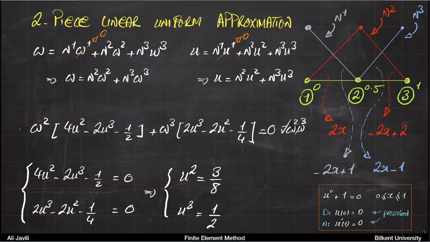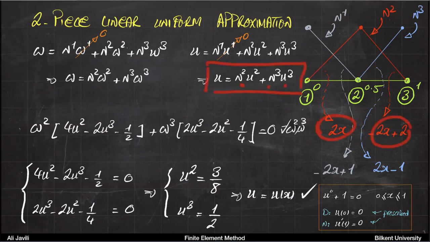What this means is that from this, you already have your u as a function of x. Because you see, this is how your u is constructed, and this is how the shape functions are. So the unknowns are the nodal values. All right? And that is what you want to calculate.